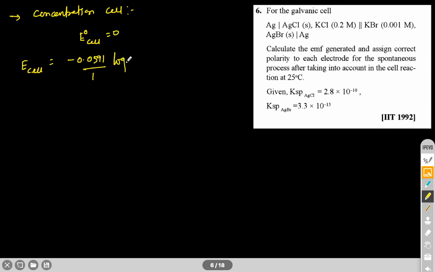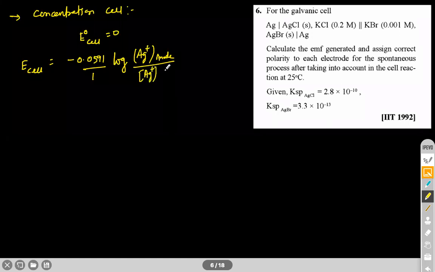Log of concentration of product by reactant. So what we can write? We can write Ag plus on the anode side divided by Ag plus on the cathode.